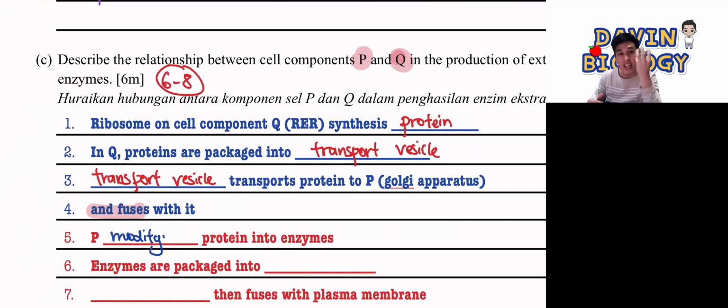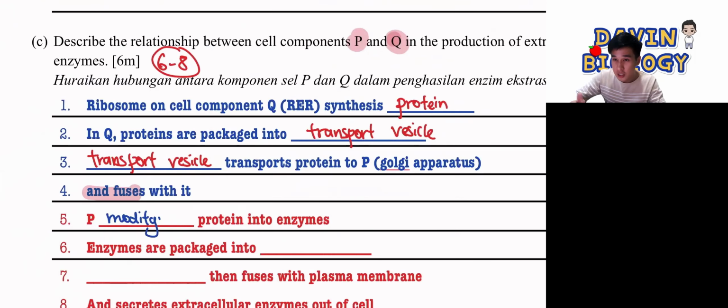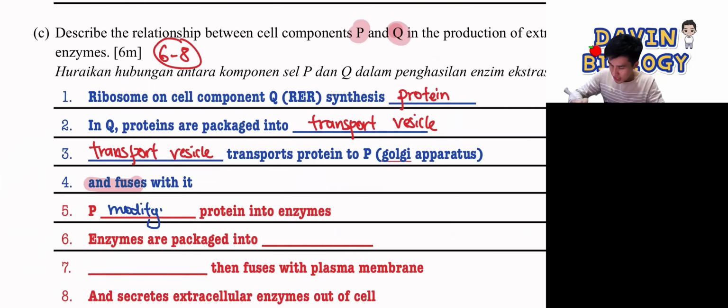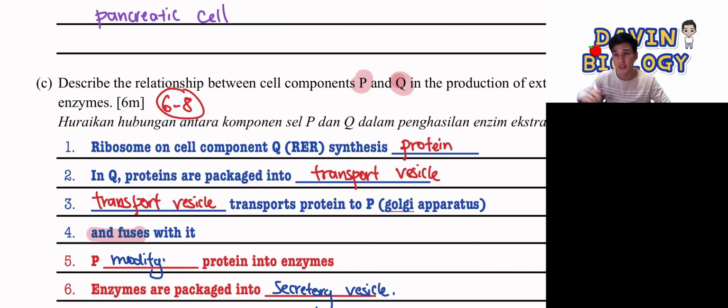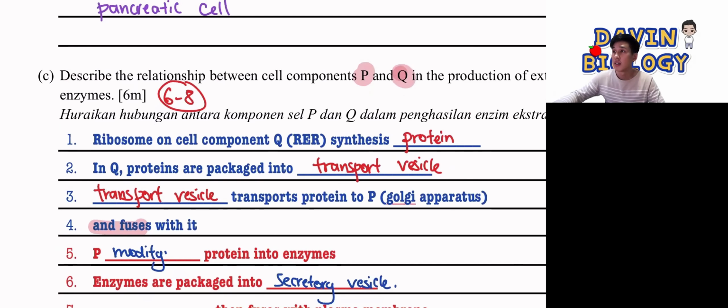After I get this enzyme ready, I package it one more time. This time I package it into secretory vesicle. You write this one first, secretory vesicle.